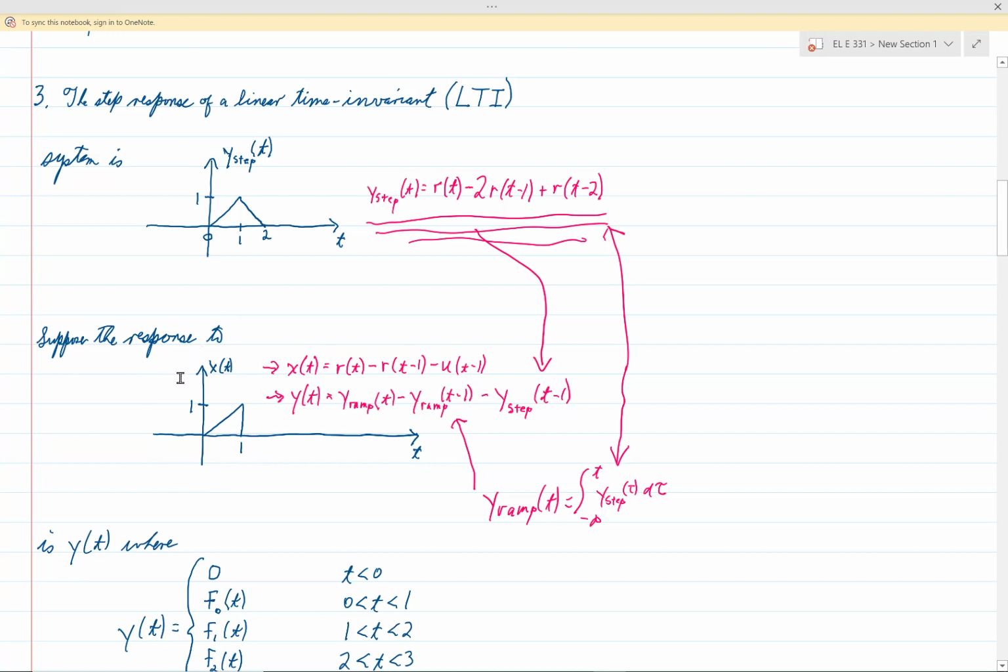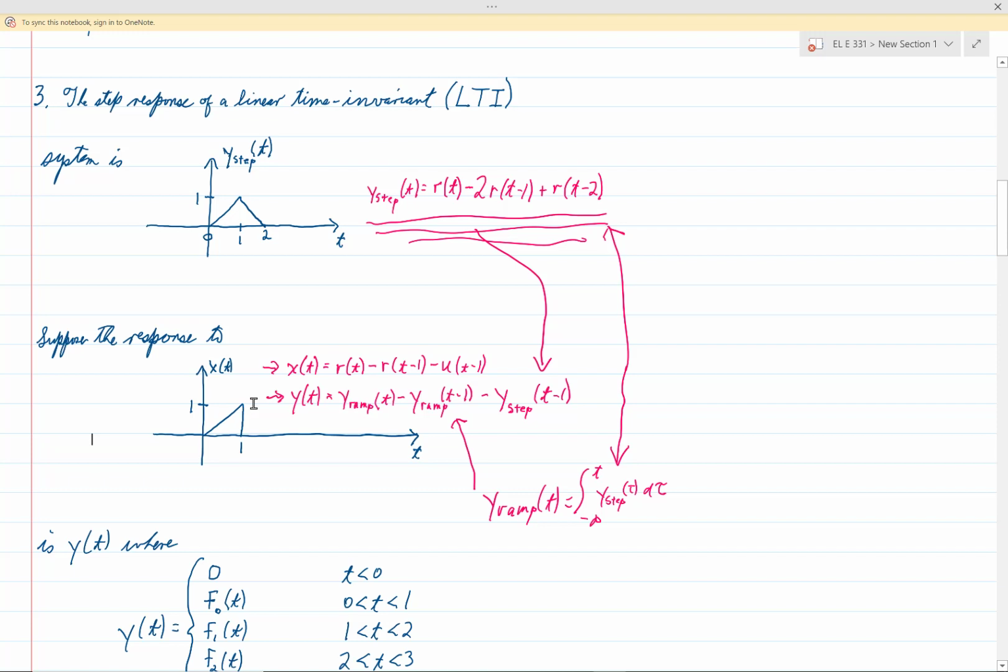So let's first of all get a better idea of what this input is. This x of t, we can see that it can be written in terms of singularity functions. The first thing we see as we go from left to right is an r of t. So we have x of t is equal to r of t. Then we want this to flatten out, and we can make it flatten out by saying minus r of t minus 1. We want it to flatten out starting at t equals 1.